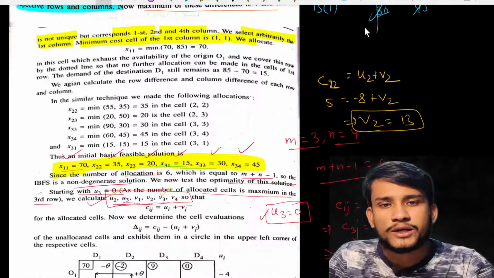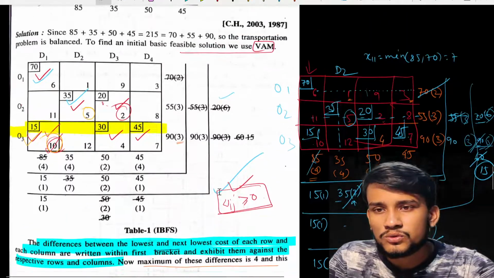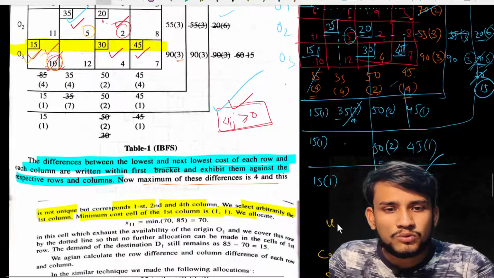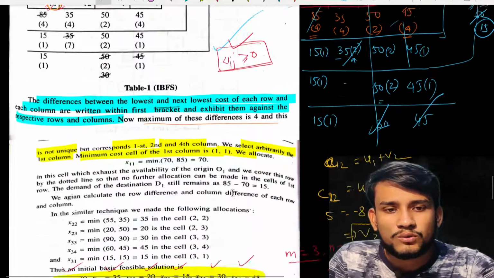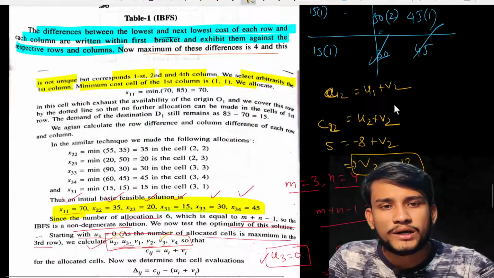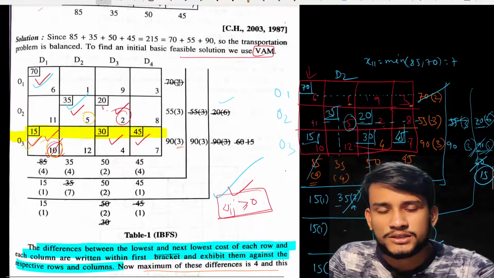Now if we calculate u1: c12 is an unoccupied cell, there is no allocation.